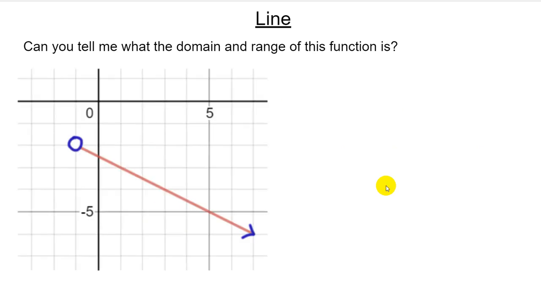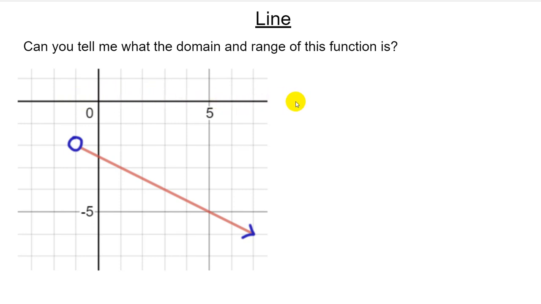This is an example of a line. Okay, some of you may have heard of lines before, but in order to tell me what the domain and range of this function is, as you can see here, for the x's, we look from here to here. If we look at the x values, well, it doesn't include -1, but there's no restrictions as x is really positive.